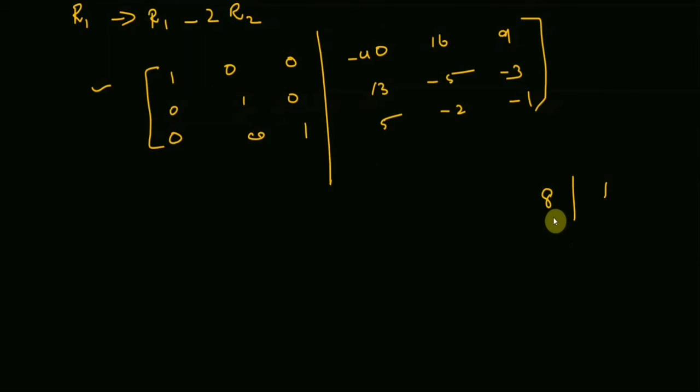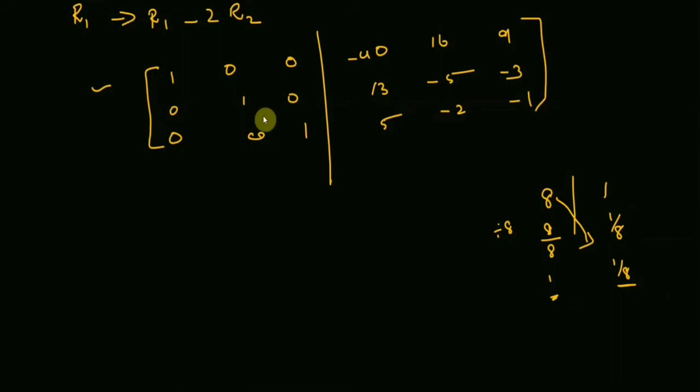Now I am going to make this as 1. How do you make this 8 as 1? By dividing by 8. 8 by 8. So here also you divide. So this will become 1 and this will become 1 by 8. So when this becomes identity, this will become inverse. You know the inverse of 8 is 1 by 8, isn't it? So same rule is applied here.